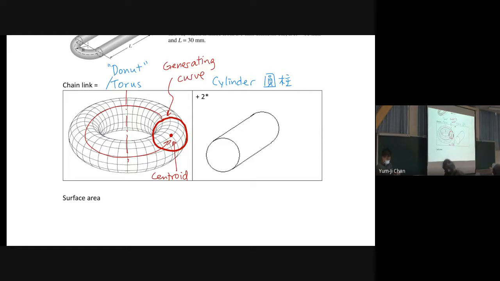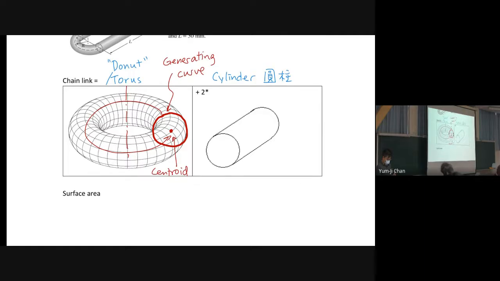Let me copy the equation from the previous page. It is A equal to L times 2 pi y bar, right?